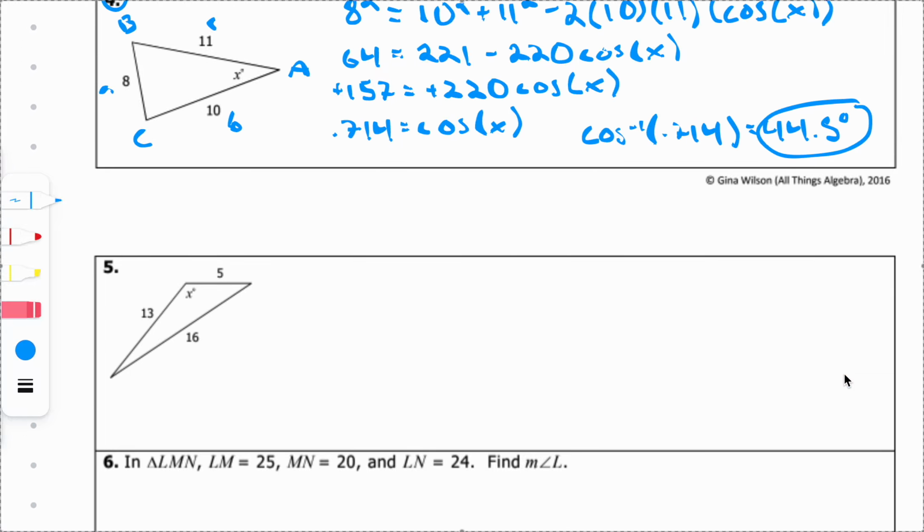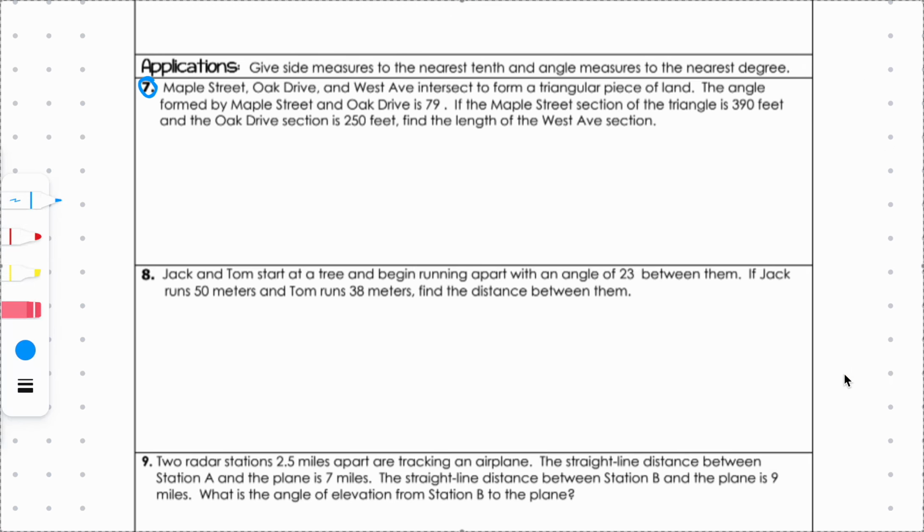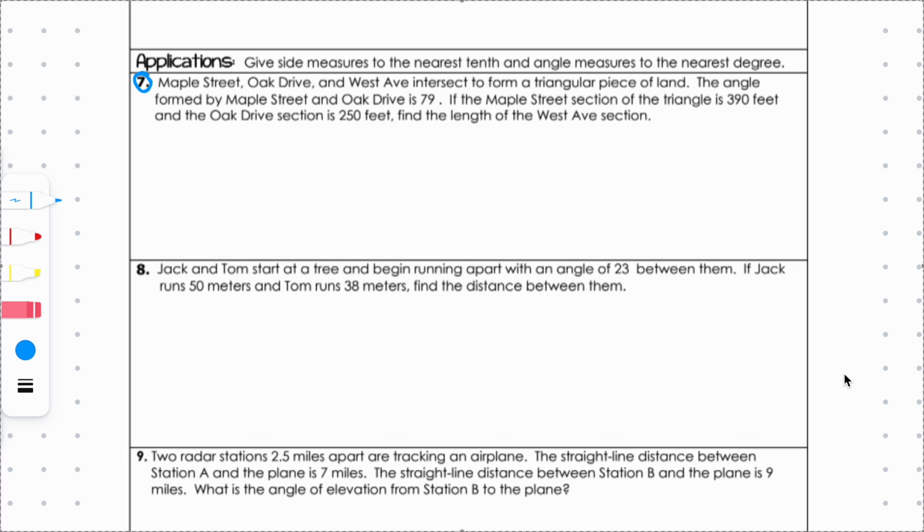Great. Before I finish up this lecture, we'll apply this to one word problem. We're given this question: Maple Street, Oak Drive, and West Avenue intersect to form a triangular piece of land. The angle formed by Maple Street and Oak Drive is 79 degrees.